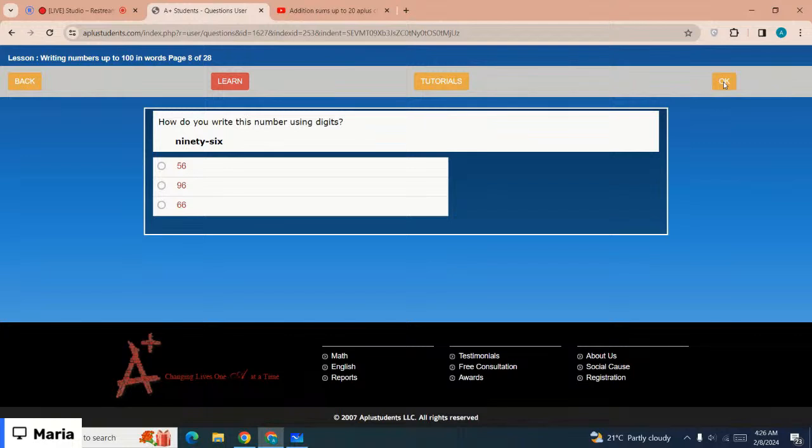Okay, the next one is how do you write this number using digits, 96? So, which is the correct option?